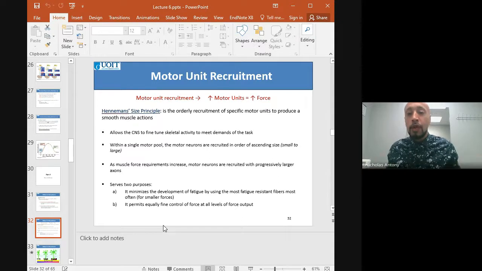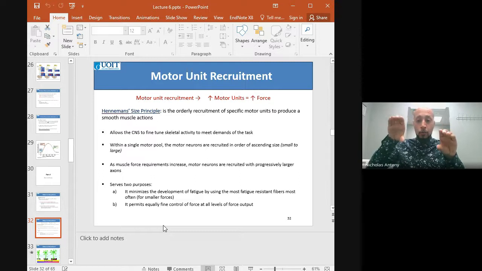If you want to train endurance in muscles that are mostly natively fast twitch, like your gastroc, you're going to be holding those contractions. You're going to be contracting all of the fibers, and the big ones are going to die out because they're tired.